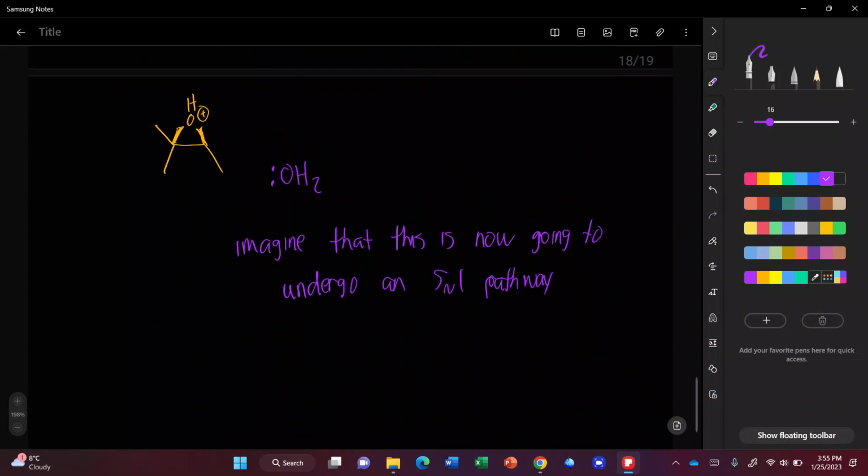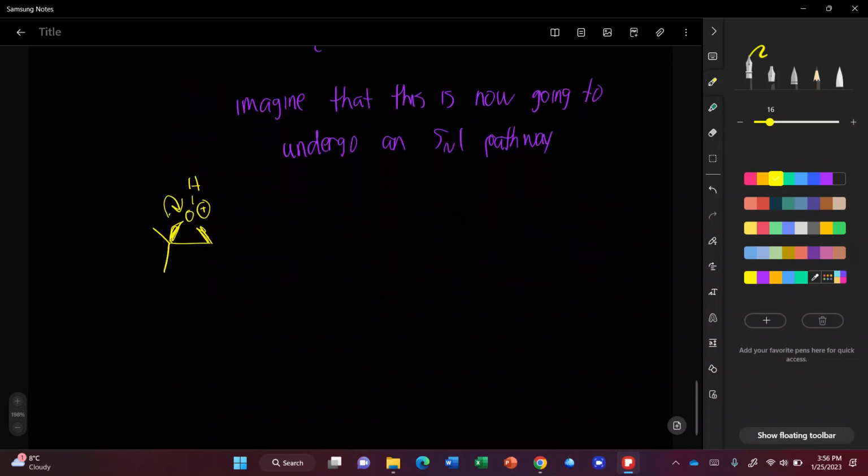So if this thing were to undergo an SN1 pathway, then there would be two options. I could either break this bond on the left, and if I broke this bond on the left, then I would get this carbocation and this alcohol. Or I could break the bond on the right.